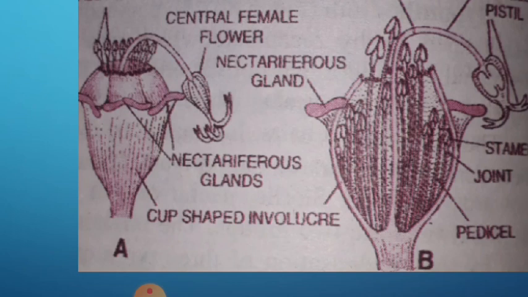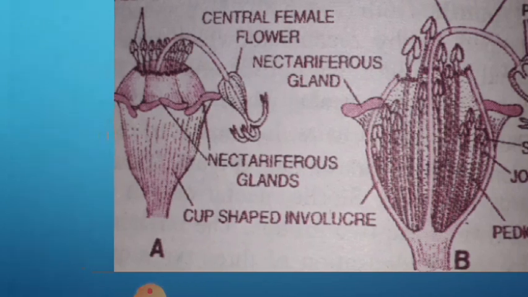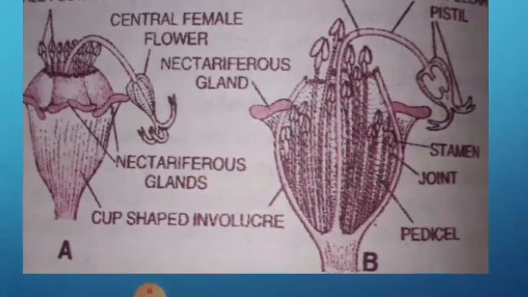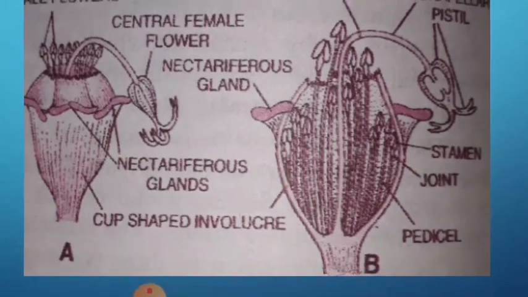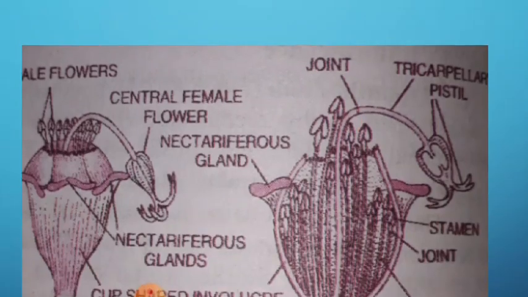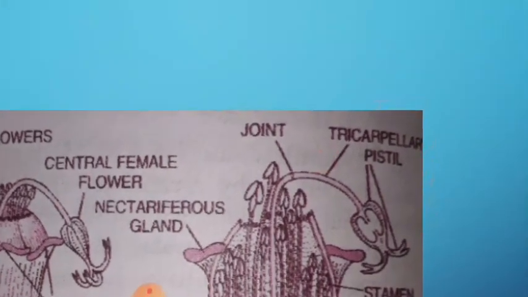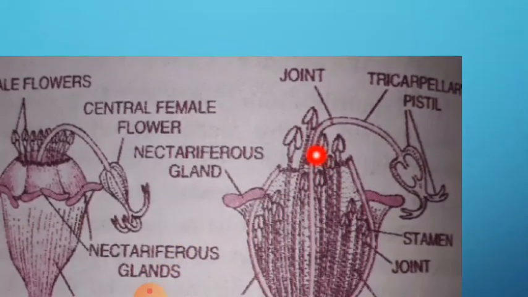The female flower is in the center, and the male flowers are numerous, arranged centrifugally. Each male flower has a pedicel and a single stamen.